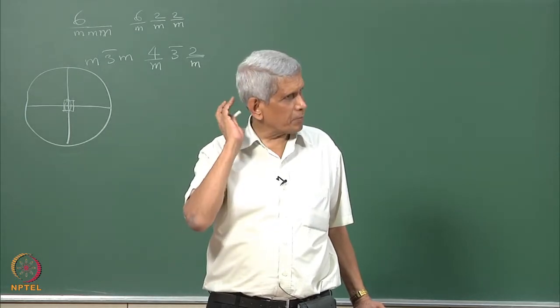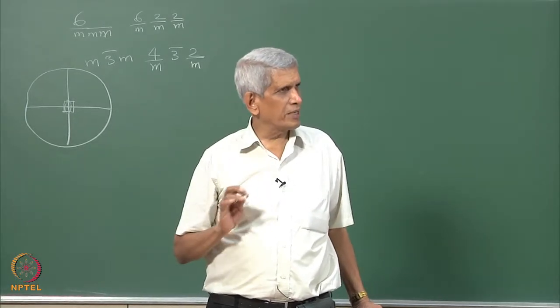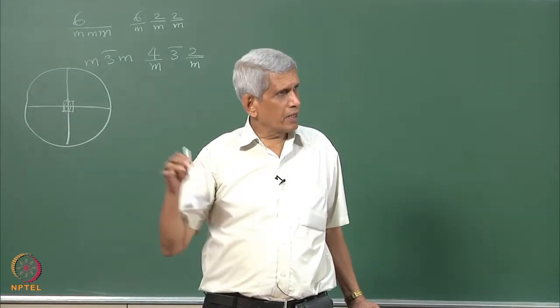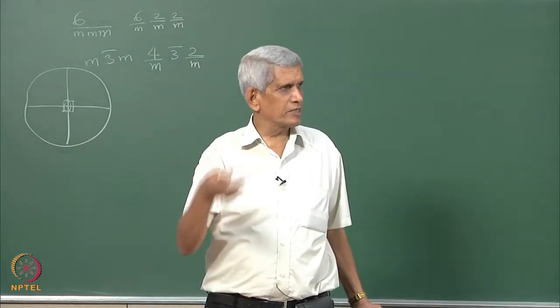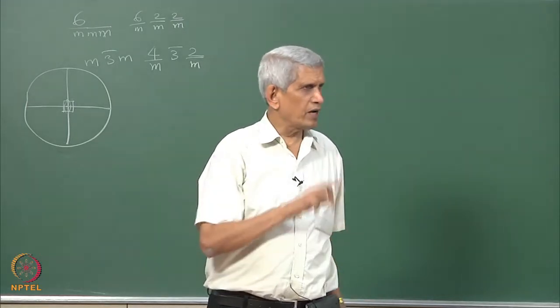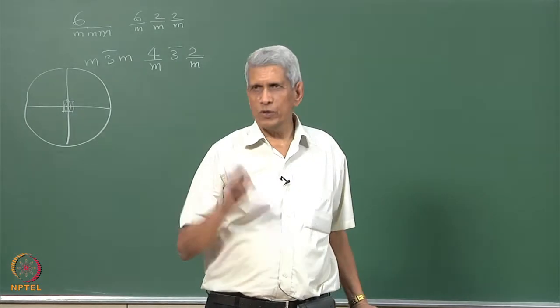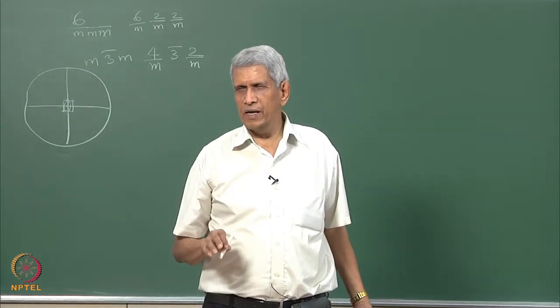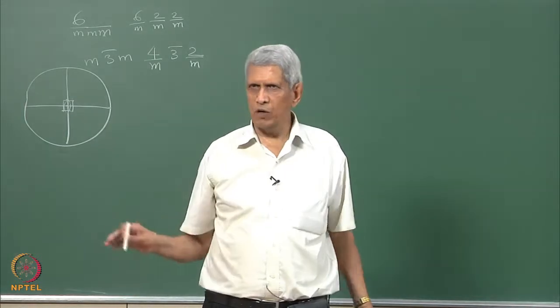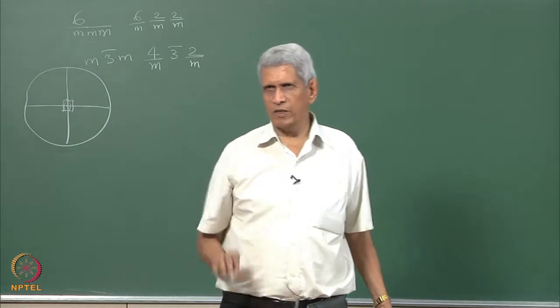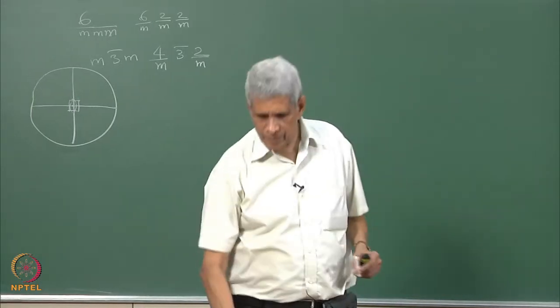The next letter represents the symmetry element along the 1, 1, 1 direction, and the third letter represents the symmetry element along the 1, 1, 0 direction. This is the convention followed to represent the point group symmetry, and the same convention is followed for space group symmetry also, for all the crystal systems.